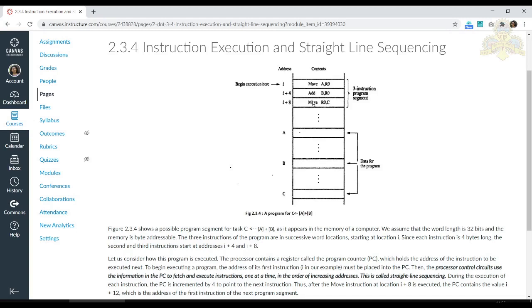The instruction is fetched from the memory location pointed to by the PC, read, and moved to the instruction register, that is IR. The second phase is called instruction execution. In this phase, the instruction in the instruction register is examined to determine which operation is to be performed, either add, subtract, whatever it is. In our case it is add.